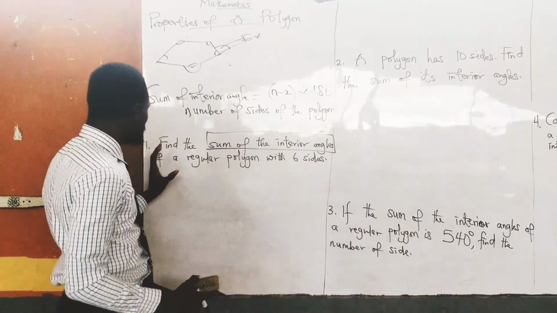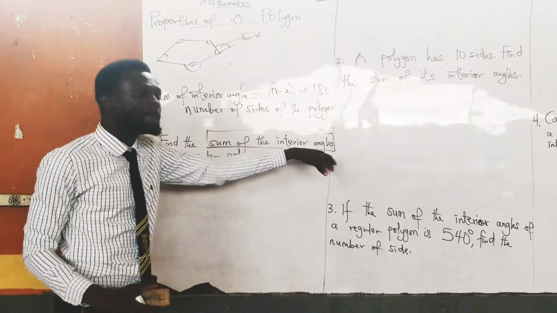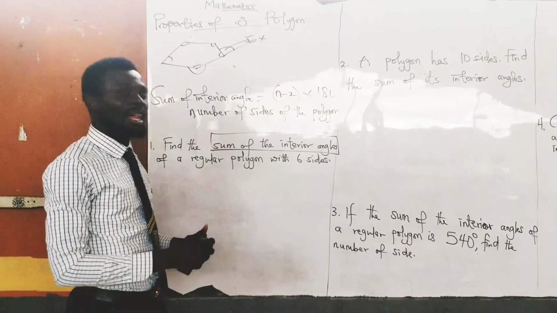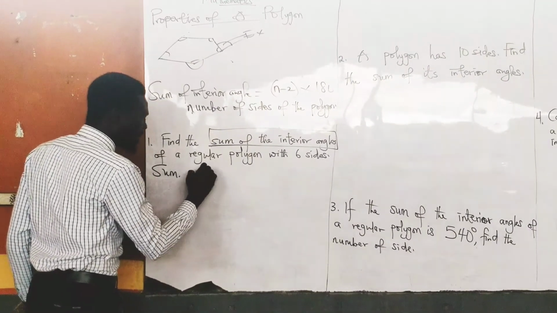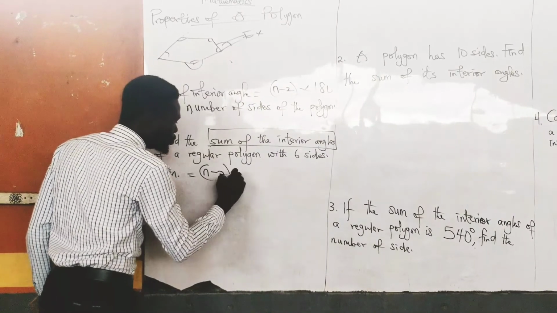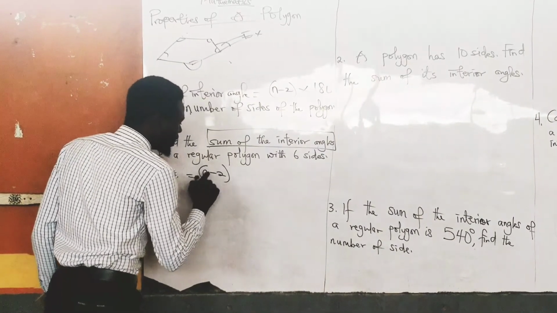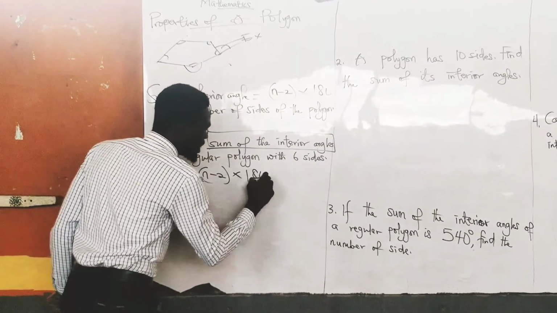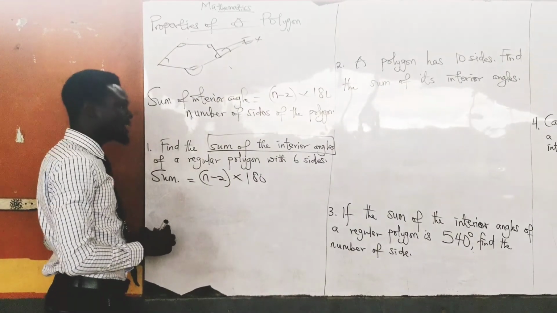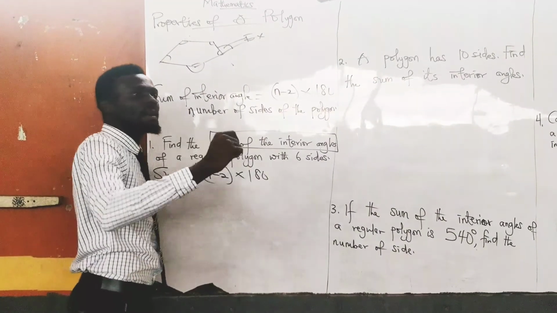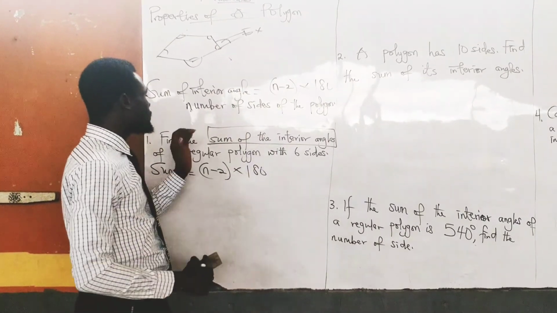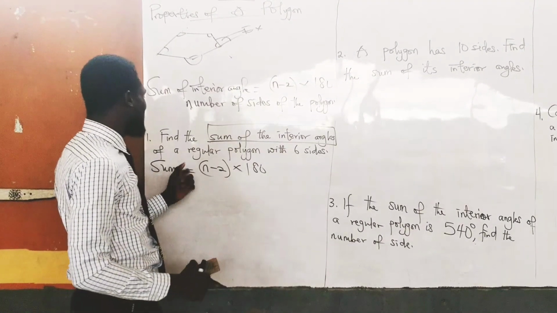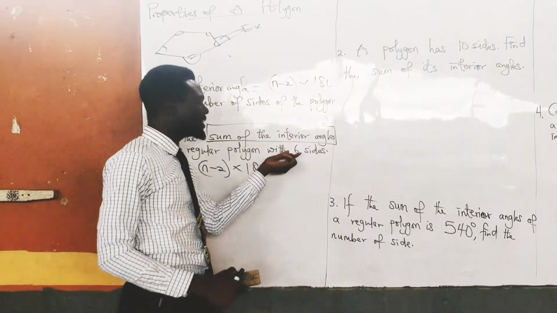So if I'm to calculate the sum of the interior angles, then I'm going to say the sum of the interior angles is equal to (n minus 2) times 180. From the question, n is the number of sides. The question says find the sum of the interior angles of a regular polygon with 6 sides.